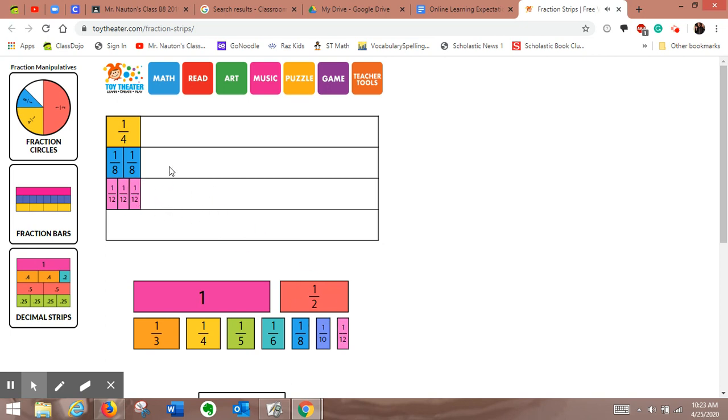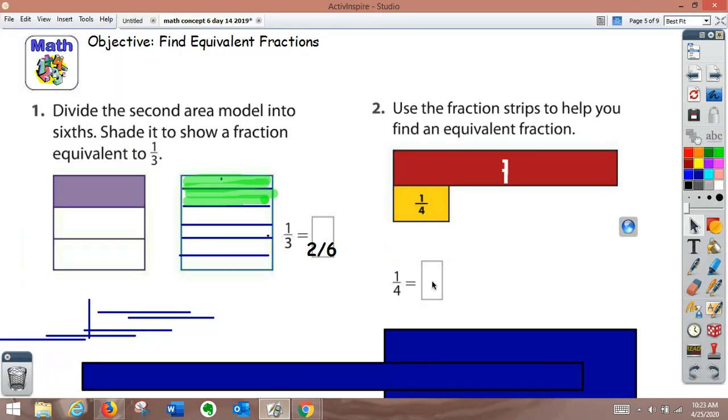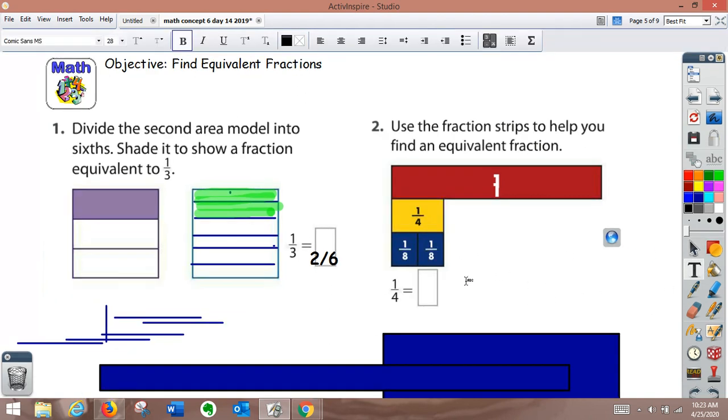Look at that. 1/4 is also equivalent to 3/12. 1/4 is the same as 3/12. So let's go back here and see. 1/4 is the same as 2/8. It's equivalent. 2/8 and 1/4.